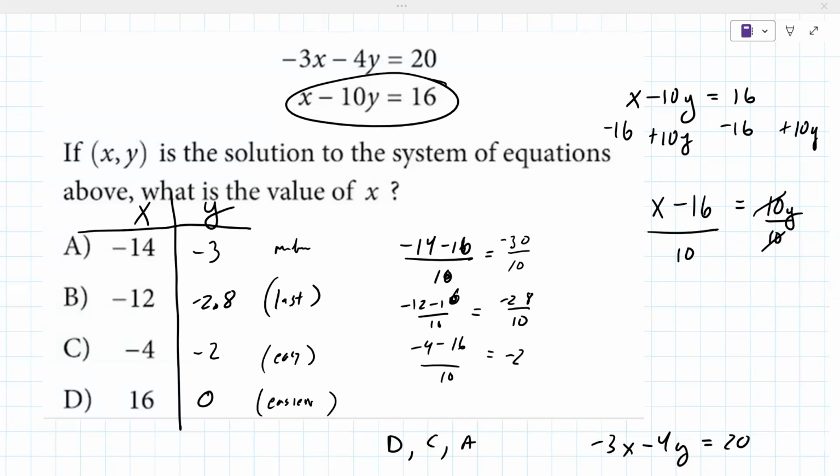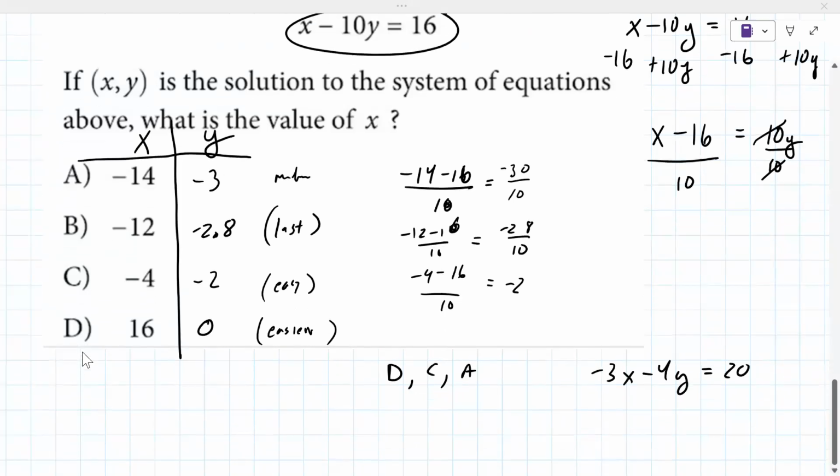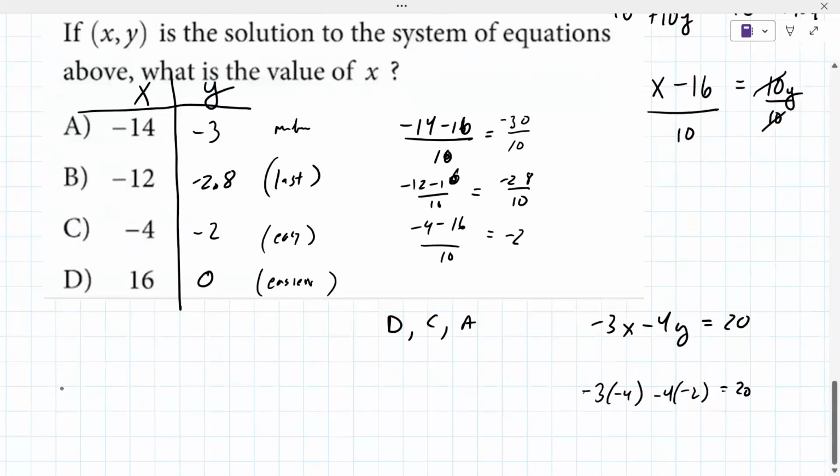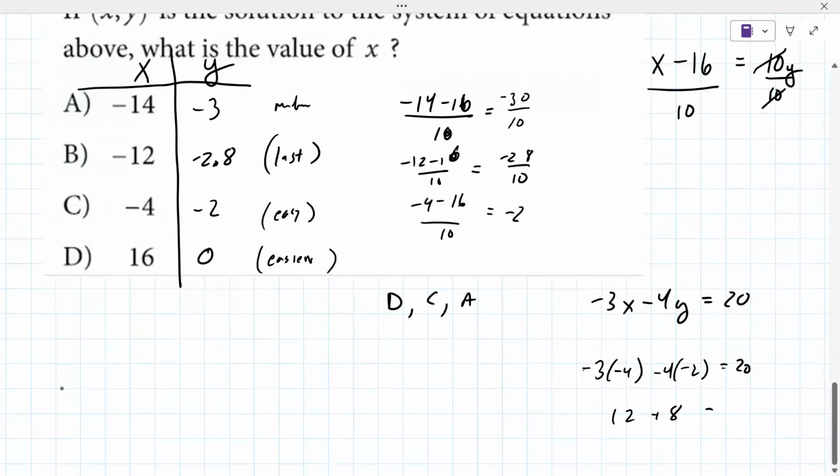Did you say D like dog or C like car? C like cat. Let's take a look here. Is -3 times -4 minus 4 times -2 equal to 20? Sure does. 12 plus 8 is 20. Good. Okay. All right.